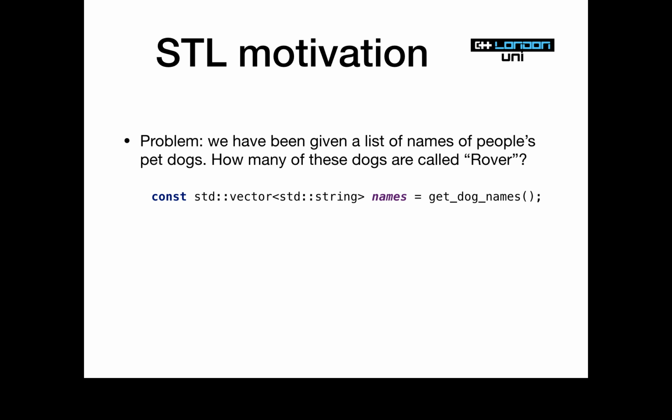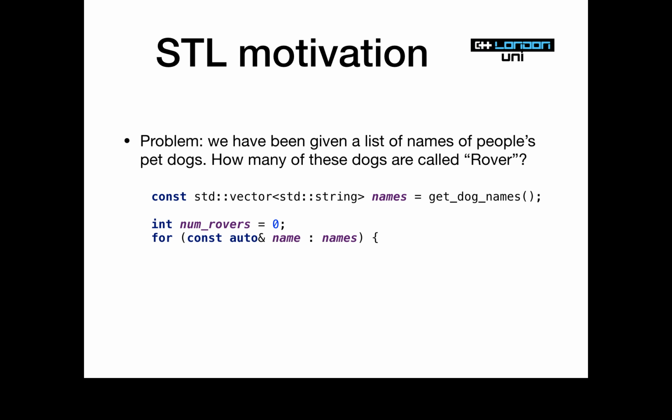But we've got to be careful how Rover is spelled in the list, surely. Some might spell it all lowercase, or R-O-V with a capital V. That's true. If you wanted to do a case-insensitive comparison, that would probably be a good thing. We're going to assume everyone's typed it with an initial capital and the rest lowercase.